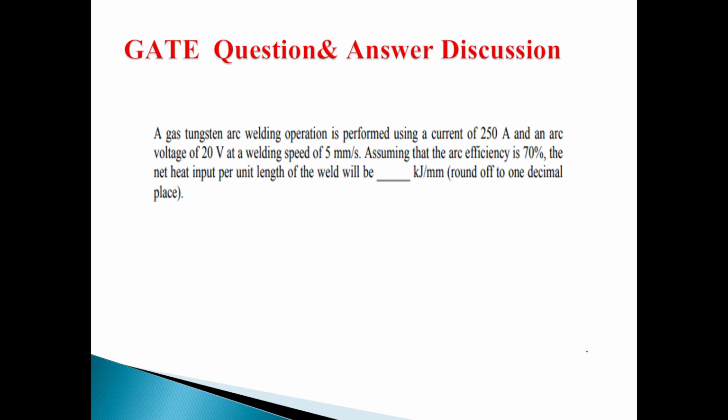Okay, so here given current is 250 amps, voltage is 20 volts, speed is 5 mm per second, and arc efficiency is 70%. From that we want to know the heat input per unit length.